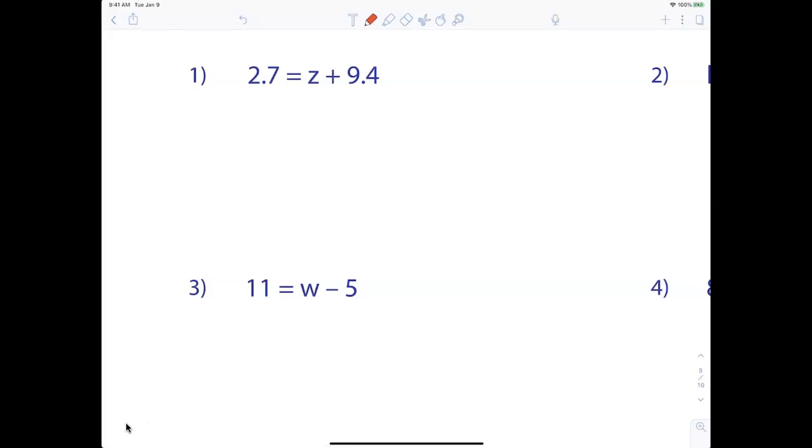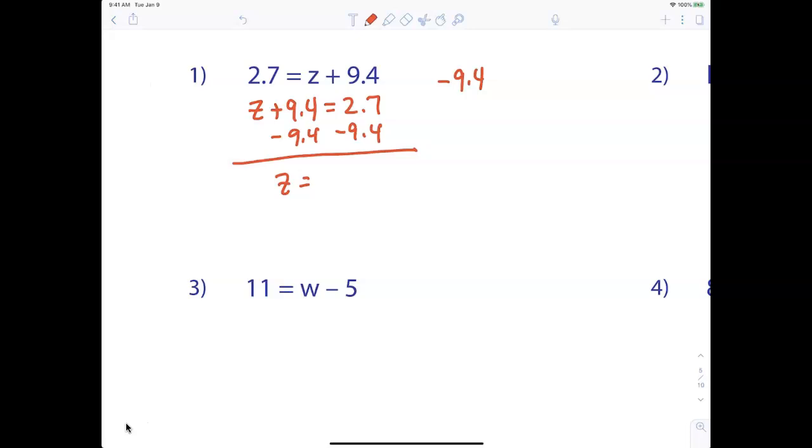All right, so I'm going to rewrite this because I think it's easier if you see it as z plus 9.4 equals 2.7. Subtract 9.4. Now z is equal to, now I have a positive and negative, so I'm going to subtract. So I put the bigger number on top, and then I subtract. I know negative 9.4 is smaller, but I really mean the absolute value.